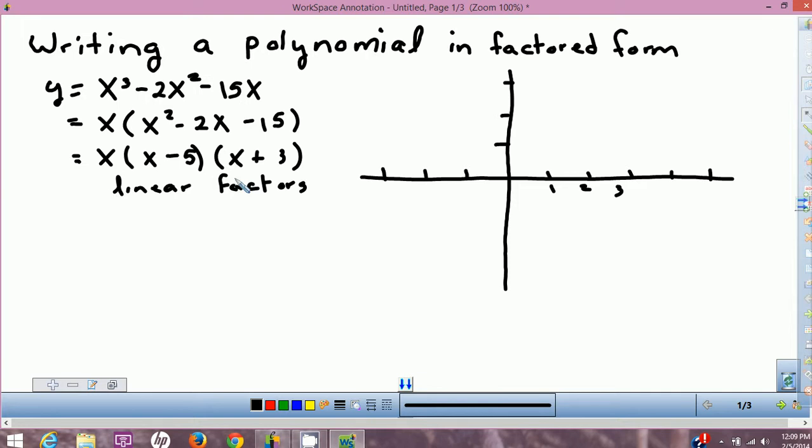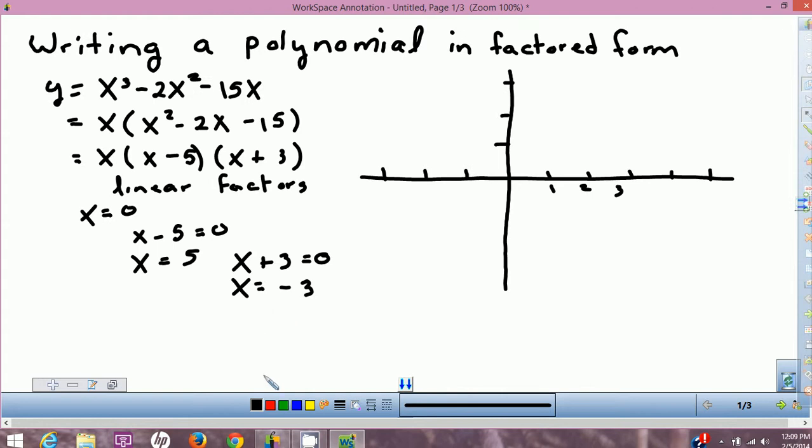So now, if I set all of these factors equal to 0, x equals 0, x minus 5 equals 0, so x is equal to 5, and then x plus 3 equals 0, and x is equal to negative 3.